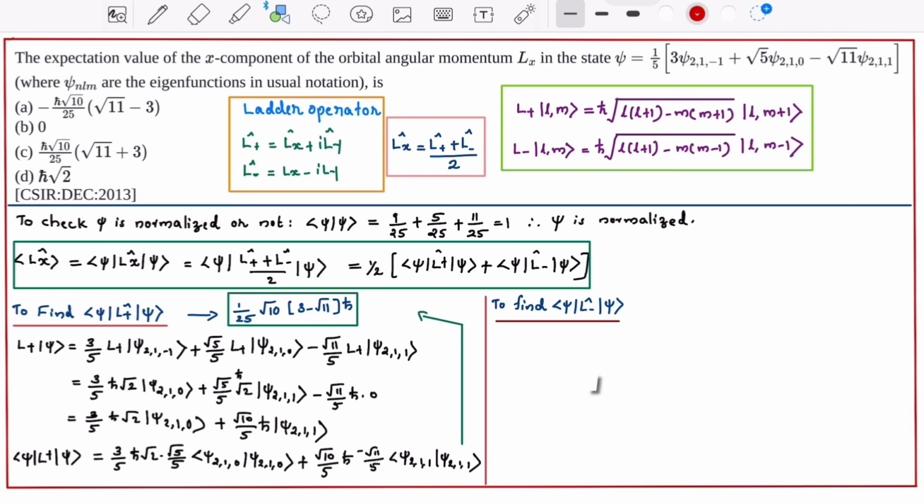What happens when L minus operates on the given state psi? Now L minus psi is nothing but 3 by 5 L minus psi 21 minus 1, plus root 5 by 5 L minus psi 210, minus root 11 by 5 L minus psi 211.